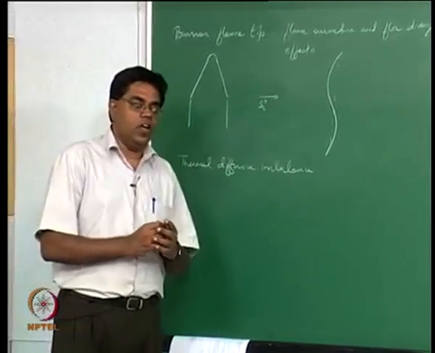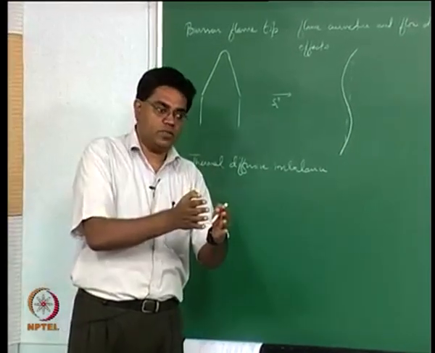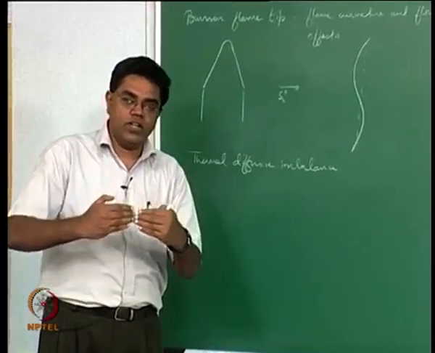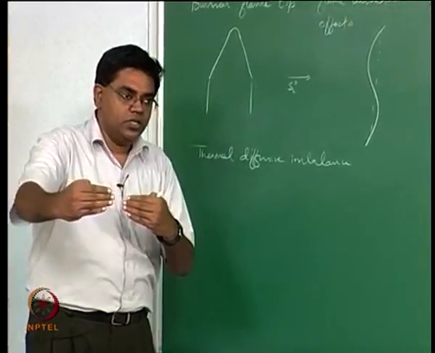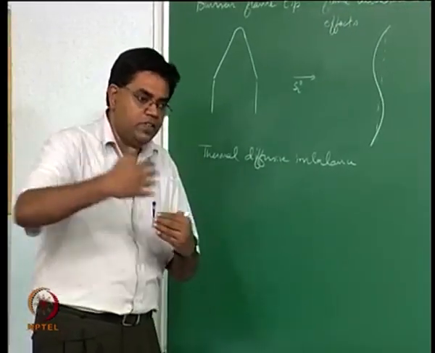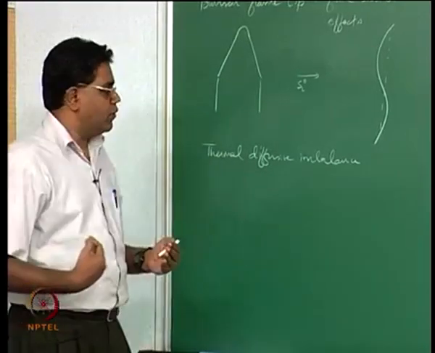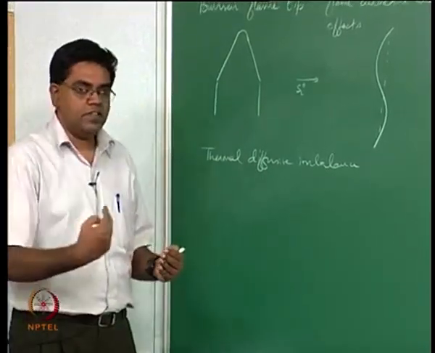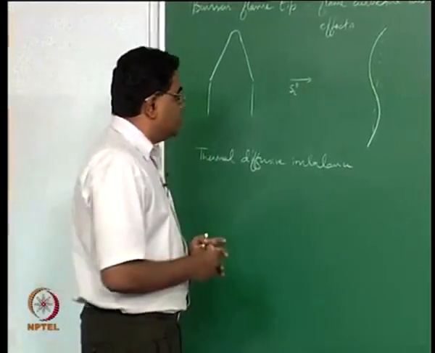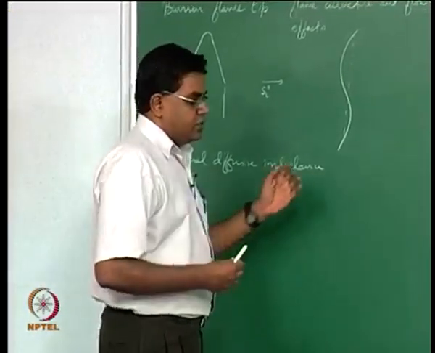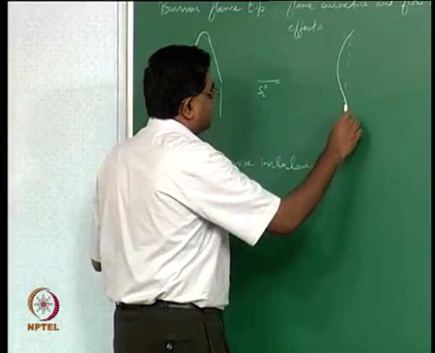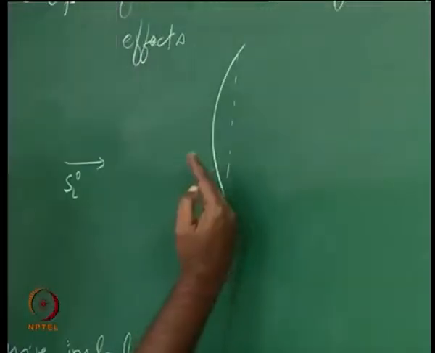The flame thickness includes the preheat zone and the reaction zone, and the preheat zone is where the upstream heat conduction and downstream species diffusion happens, along with convection superposed on both the species mass as well as the enthalpy.